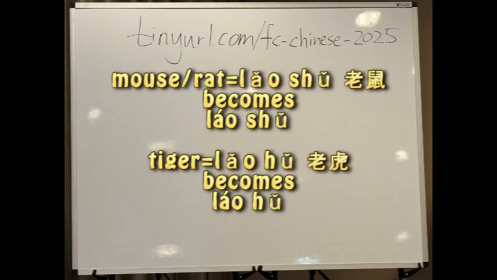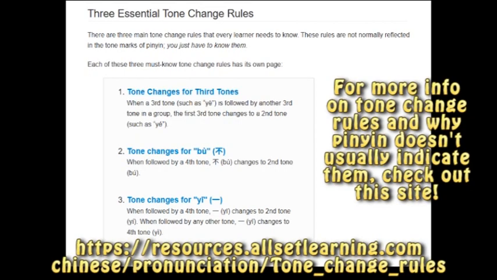Together it became 老鼠, and similarly this will be 老虎, so that's tiger. The word 老 here means old, I guess. So tiger and rat are old, or maybe big, or senior maybe, something like that.